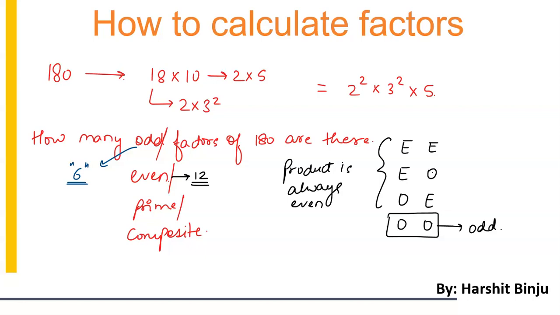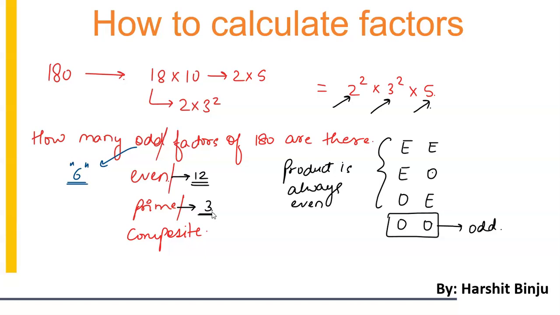Now when you talk about the prime factors, there are only 3 prime factors of 180: 2, 3 and 5. So there are going to be a total of 3 prime factors.